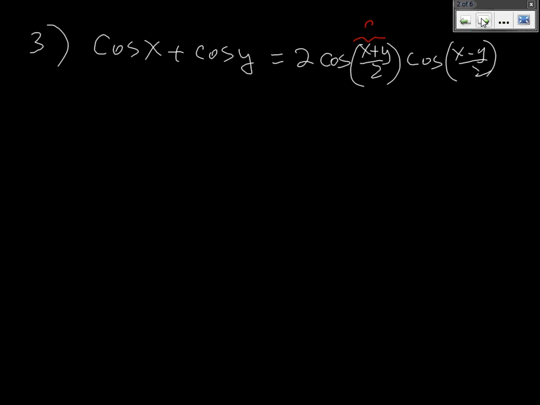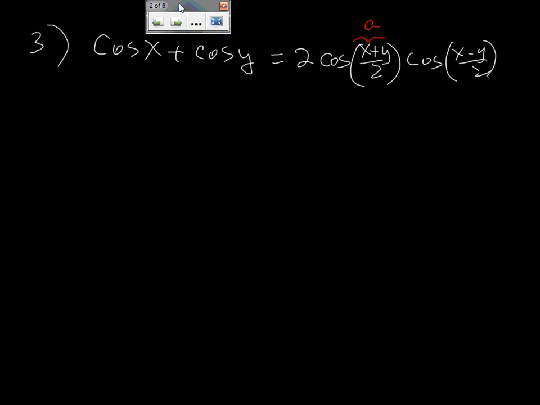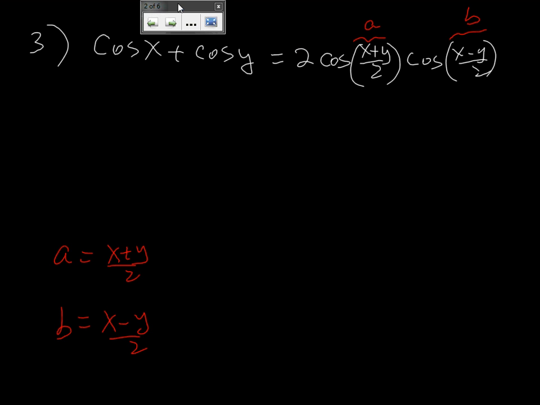We're going to call that A, move this over, and we're going to call this B. Well, if A is x plus y over 2, and B is x minus y over 2, if we add A and B, the y's are going to cancel, and you're going to get 2x over 2, or x, and if you subtract, the x's are going to cancel, and the y's are going to add. You're going to get 2y over 2, or y.